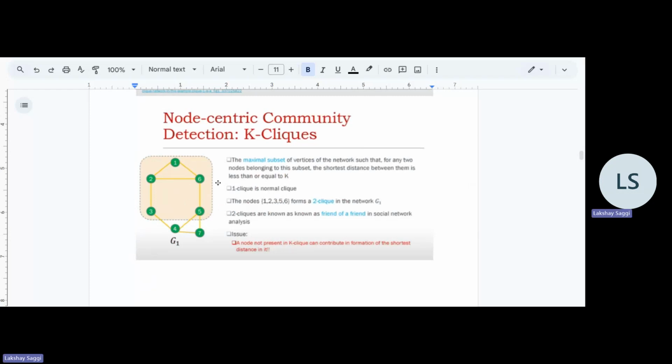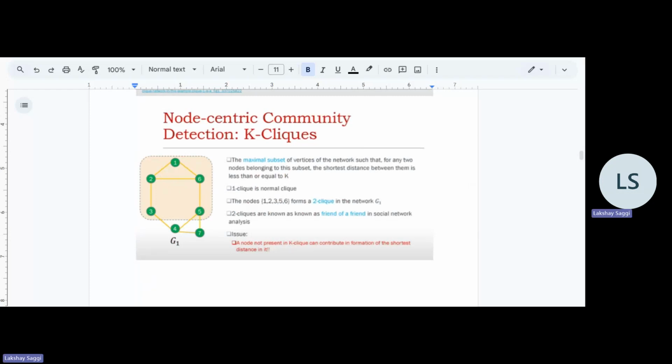Using this subgraph, we look at the diameter of the component, which is the biggest shortest path.